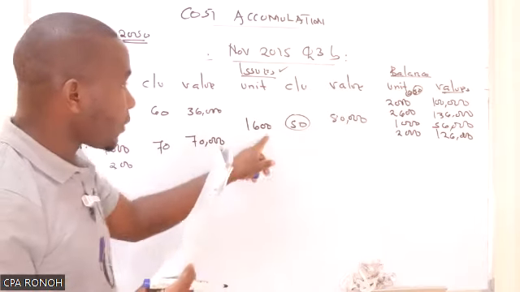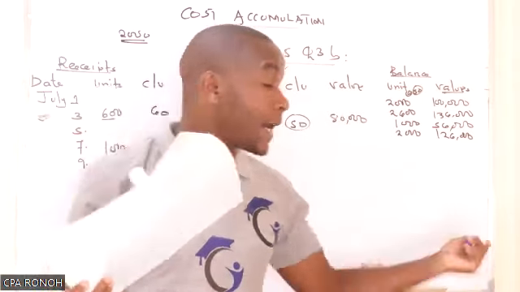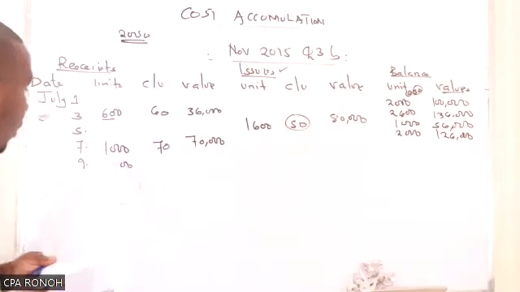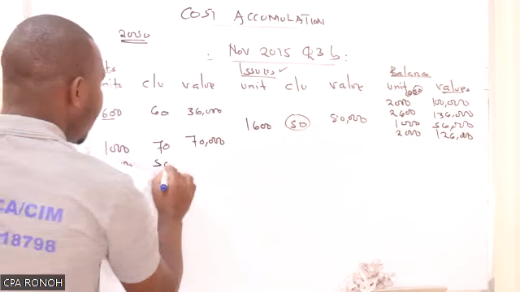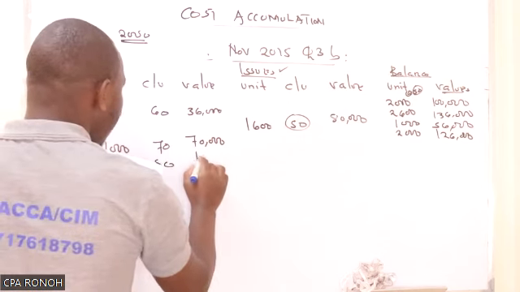Then at which price? We receive at the cost of the issue. We issued this at cost 50, so we will not receive at another price. We have to receive at the same price. So it is 50. If you multiply this, it comes to 10,000.